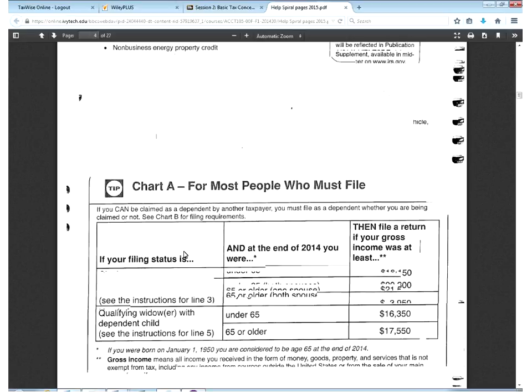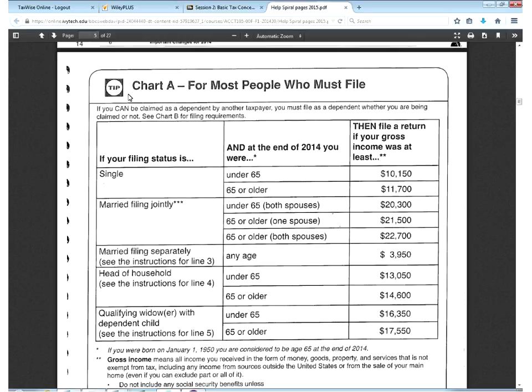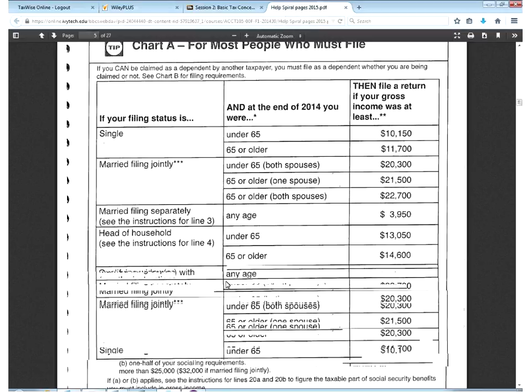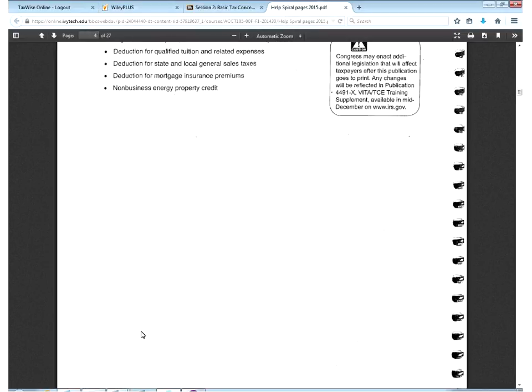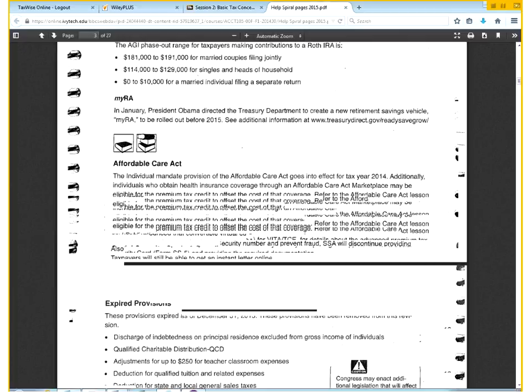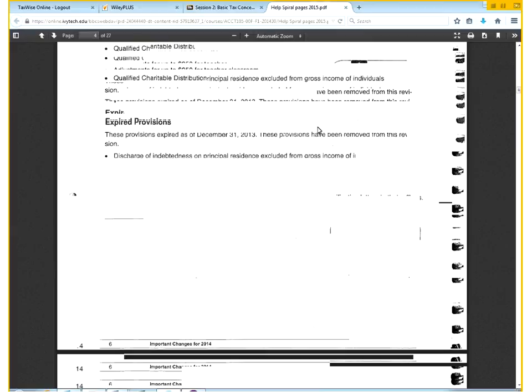Or, do I need to file? You can easily go here to Chart A. If you were under this amount and your gross income was under this, then you don't need to file. If it was under the 10,150, I'm sorry, you aren't able to see this. Let me back out one second. Okay, I think you were able to see it.